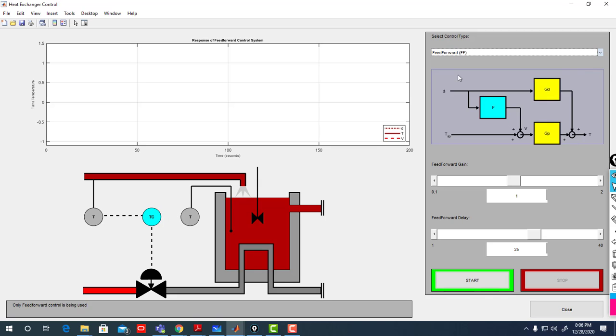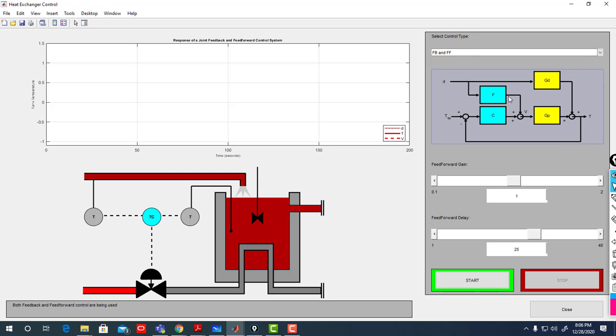And here is the feed forward controller as we know it. And here is both together, feed forward plus feedback. And we will see interactively here the disturbance, the temperature, and the voltage applied. Okay, so this is the voltage here.